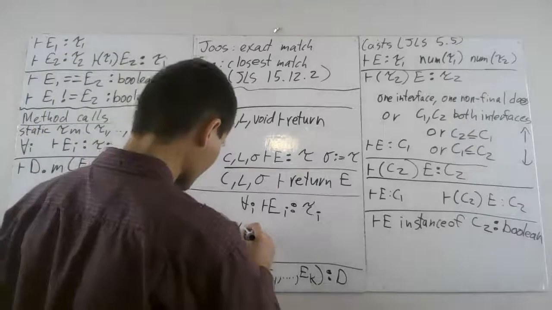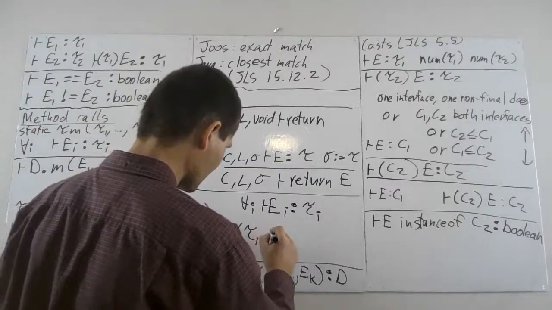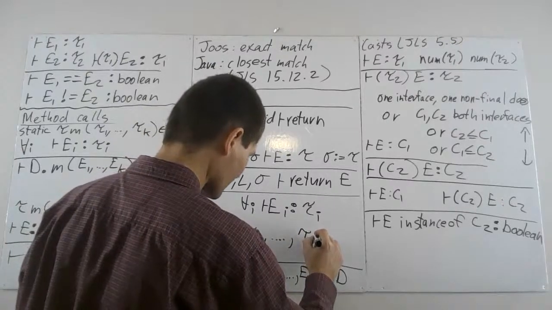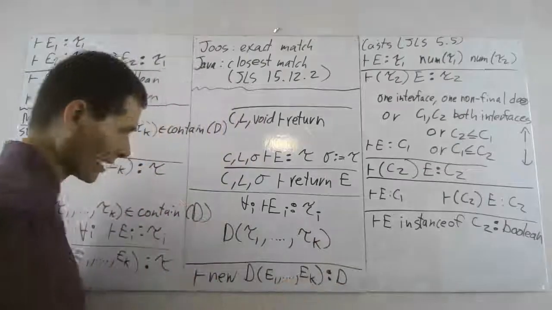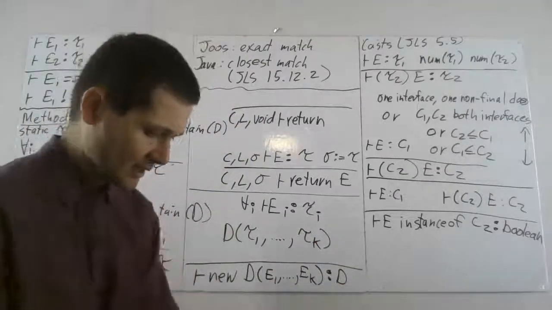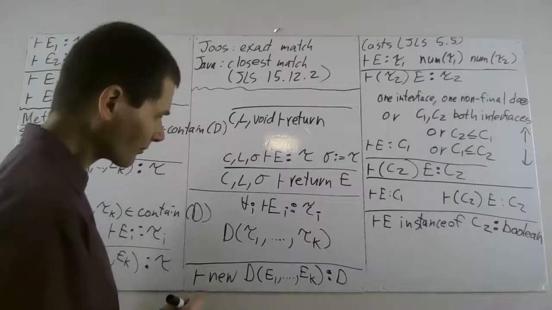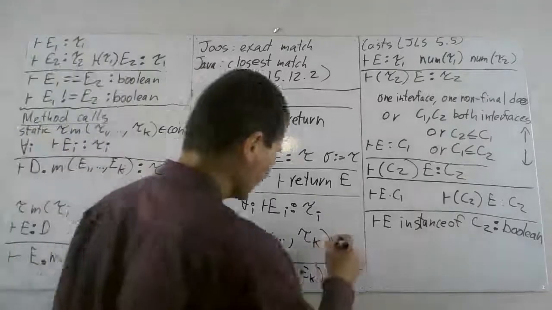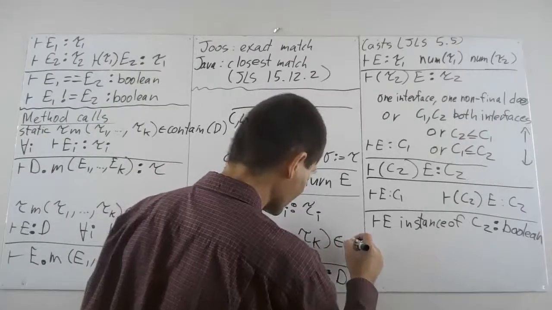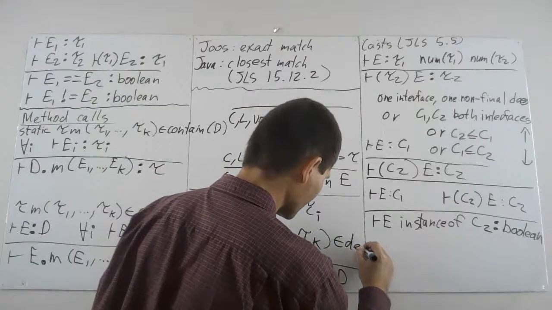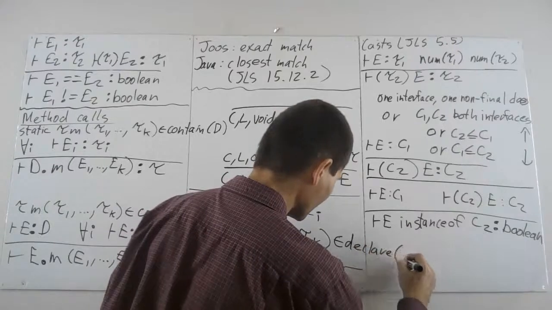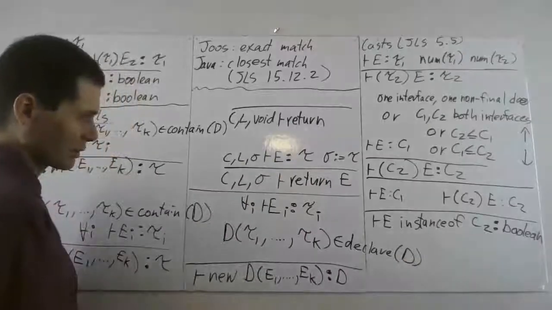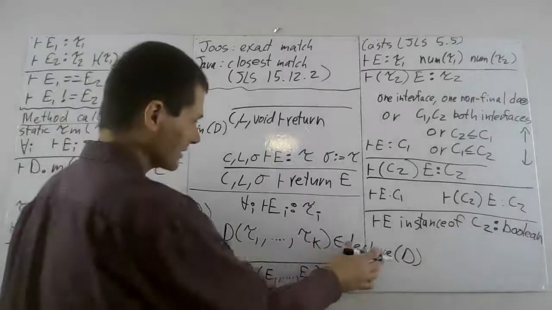Its name is the class name, and again, I'm looking for a constructor whose parameter types are exactly tau1 to tau k, and that constructor, I'm going to say it's in the declare set of class D.